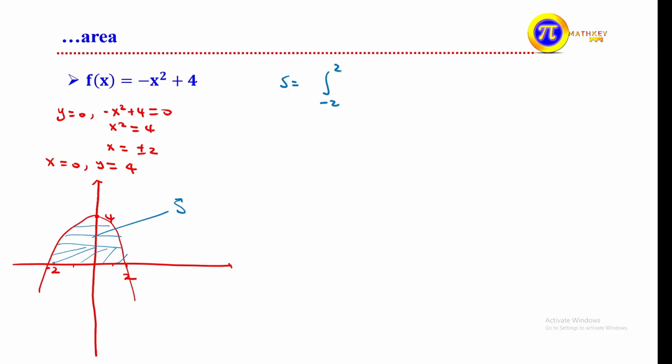We get the result: integration from negative 2 to 2 of our f of x, which is negative x squared plus 4. When we integrate this, the value is equal to what? This is the integration of x squared as we did before: negative x cubed over 3 plus 4x between negative 2 and 2.